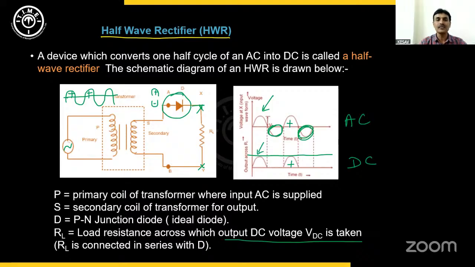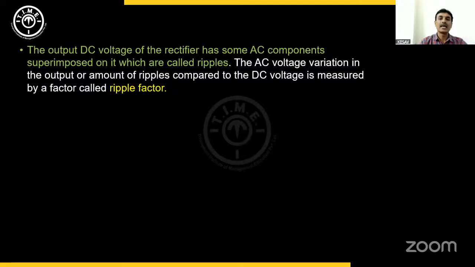Understood? Now, though the output is DC, there will be some component of AC present in the output. Overlapped on the output, we'll have AC components also. Those are called ripples. So the output DC voltage of the rectifier has some AC components superimposed on it, and these are called ripples.